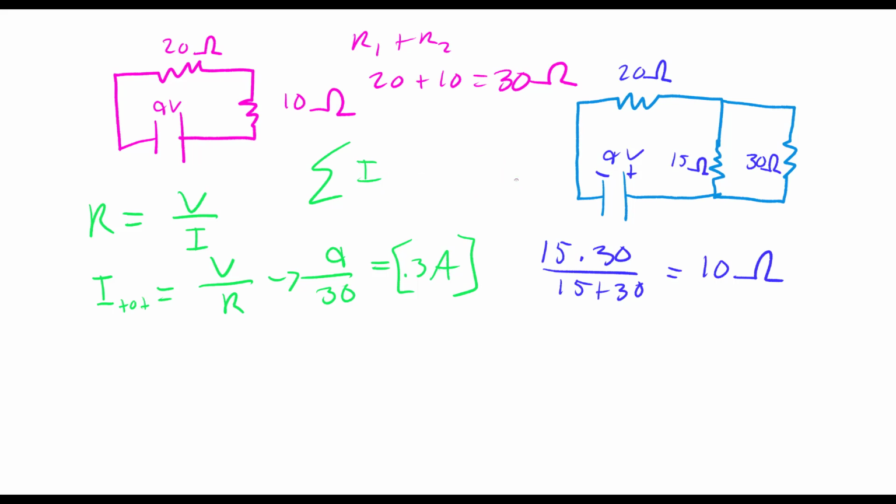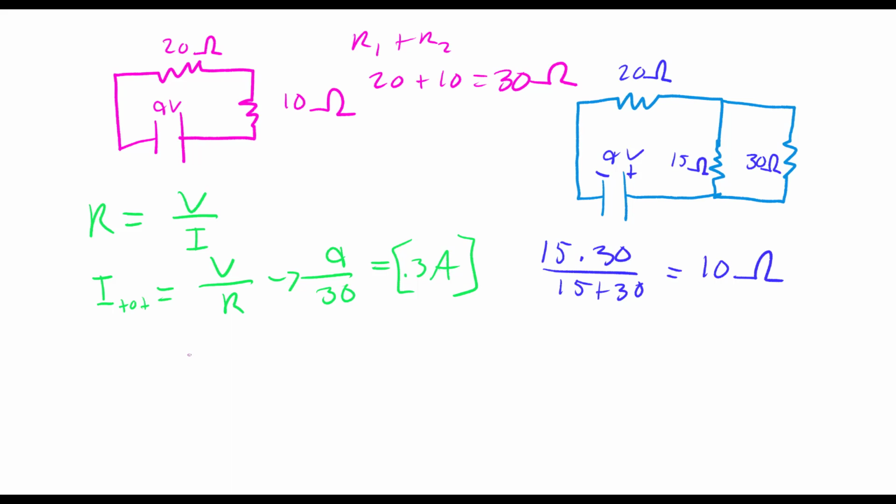You can solve for the current right now. That's what I did because it makes B a lot easier. Since current is constant, the current that goes through the 20 ohm resistor has to be 0.3. So that's part B. In fact, if they ask you what is the current going through a 15 ohm resistor, 0.3.